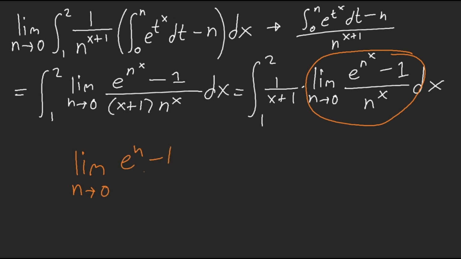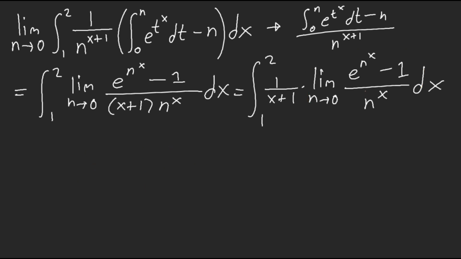e^n minus 1 over n is equal to 1. This is the exact same format for n to the power of x, but you can be safe. The reason it's a little iffy is because we do have x here. If we plug in n approaching 0, we get 0 to the power of x.